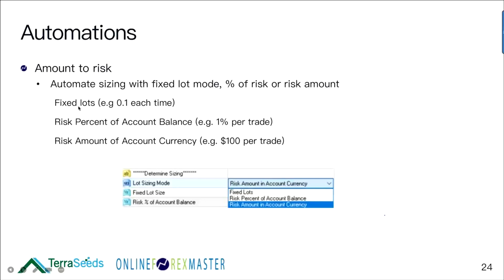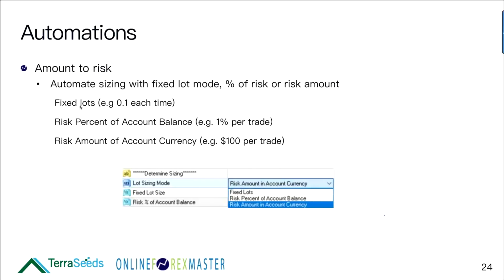Okay, because having the amount to risk, that means deciding on your lot sizing, this is the first step, okay, to automations. That means your automations can be on any entry, such as a cross in terms of moving average, all right, or it can be based on candlestick pattern.